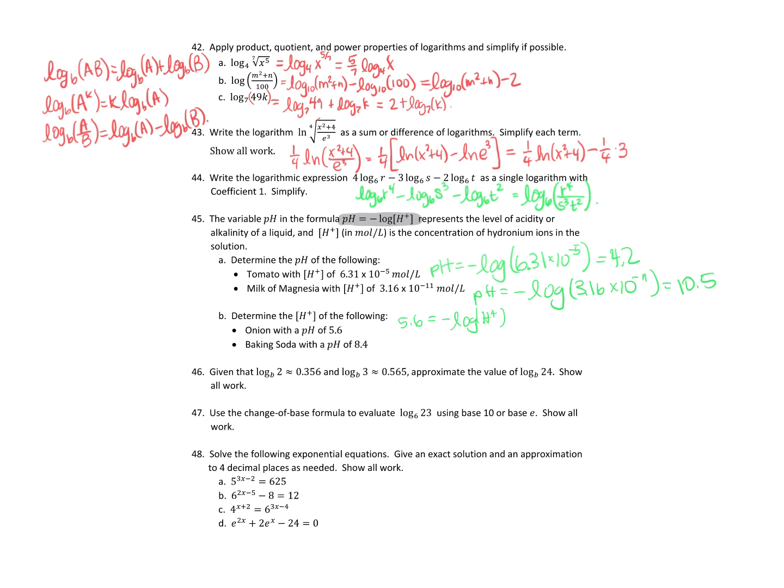So I can multiply both sides by -1, and I can take both sides as powers of 10. So I get 10 to the negative 5.6 is equal to H plus.